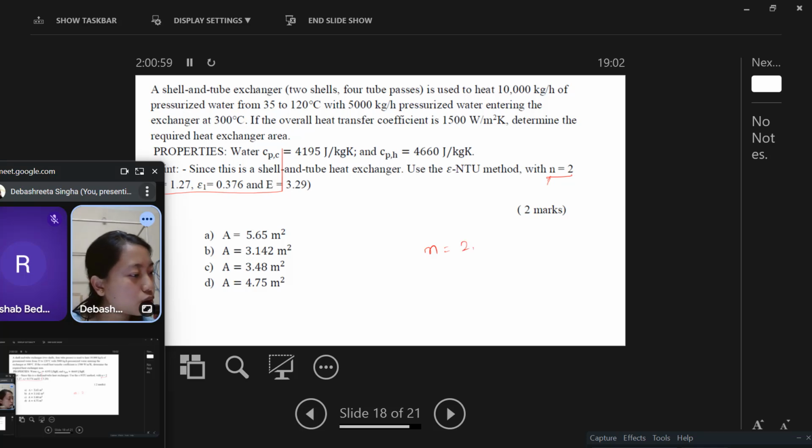Mostly they have given two only. So n is equal to 2, that means there are two shell passes, and f they have given. This is some correction factor. These are some other factors, which we will do in the next class. These are anyway not taught in the class, so this is something extra.